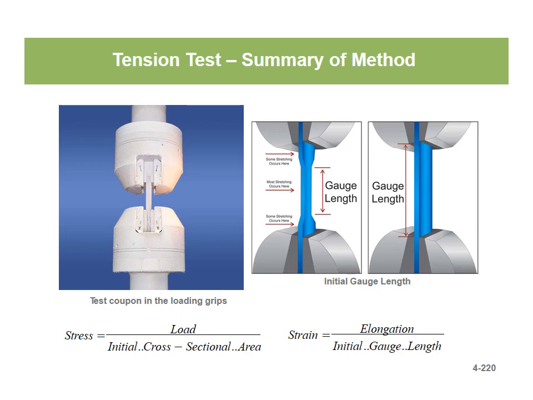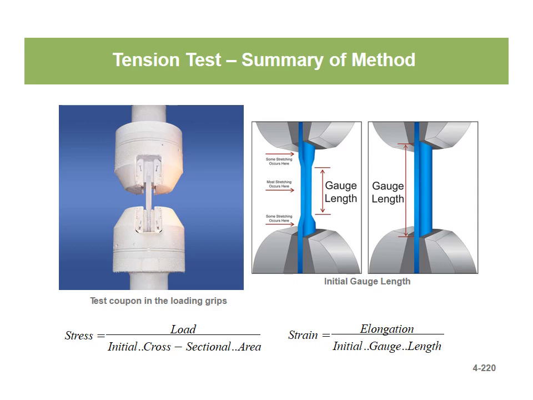Tension test, summary of method. For the tension test, on the left we've got the test coupon in the loading grips. To figure out what the stress is in PSI, the American/English system, you take your load, which is how much force it takes to make this specimen fail, and you divide it by the initial cross-sectional area.